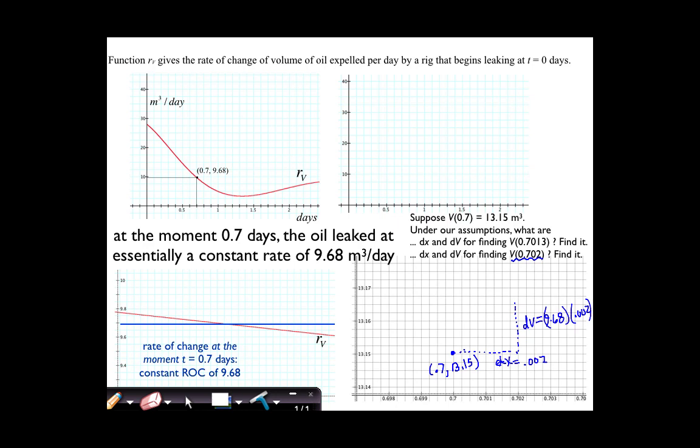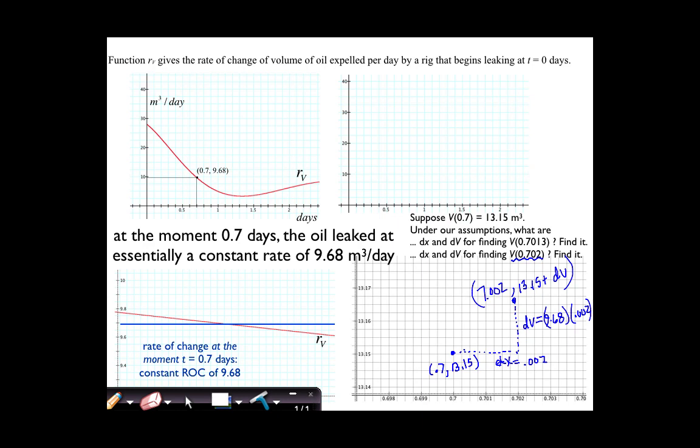So if I wanted to find this new y value, figure out how I plot that in the right spot so that it shows up where it should, I need to know the initial value plus the new dV. So the V value I started at, 13.15, plus dV, right? So that's the new dependent quantity that corresponds to the amount of oil that's leaked by time 0.702 days.